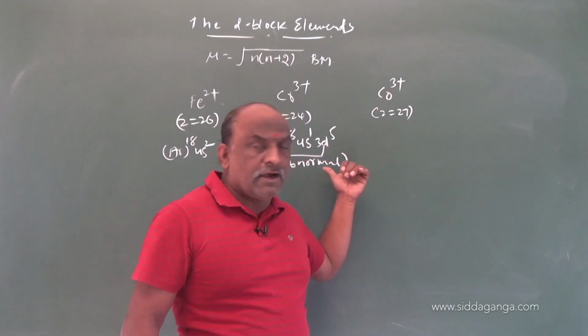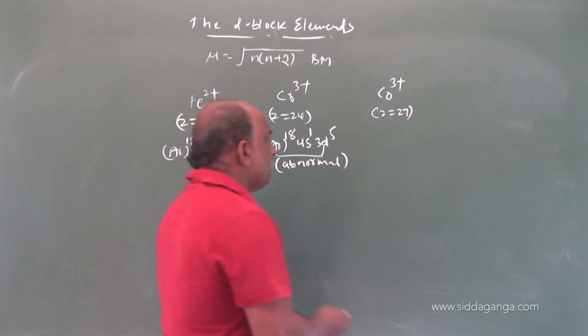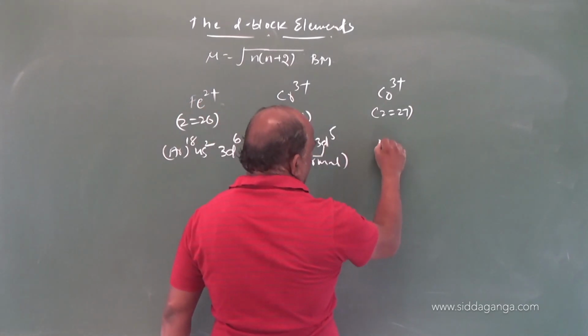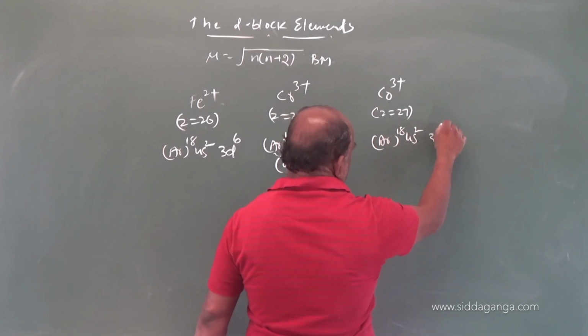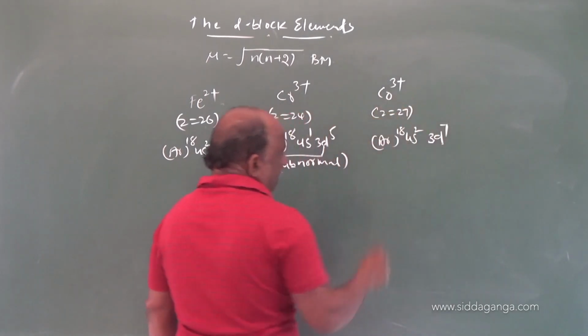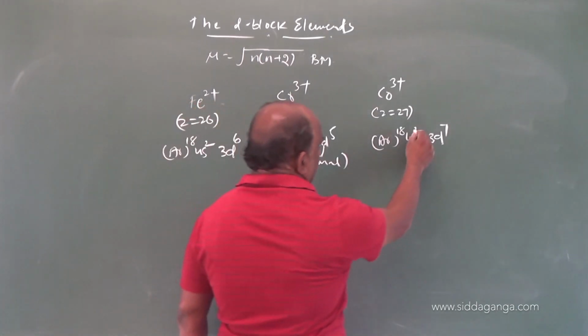Don't write 4s2 3d4. And last, cobalt is 27, argon 18, 4s2 and 3d7. 20 plus 7 is 27.